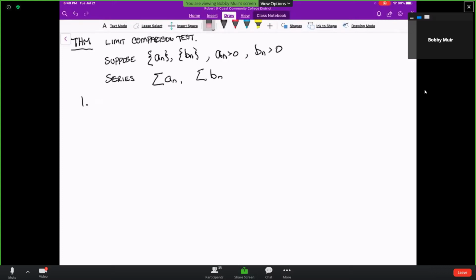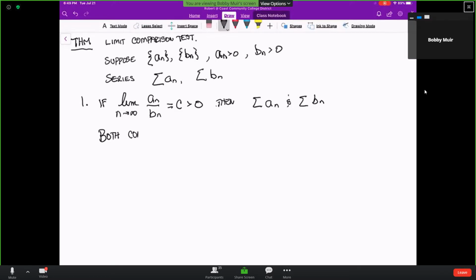If we consider the limit as n tends to infinity of An over Bn, and this number is c, and all it needs to be is some positive number, remember, everything's positive here, so we don't have to worry about any negatives, then the series sum of the An's and sum of the Bn's both converge, or they both diverge, meaning they do the same thing.